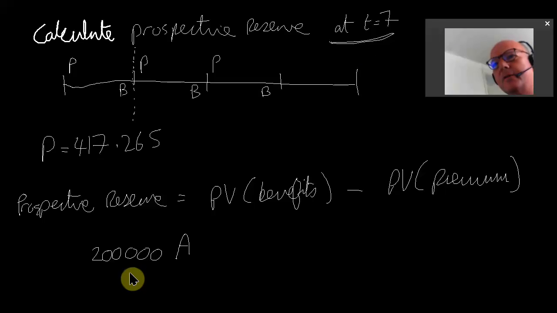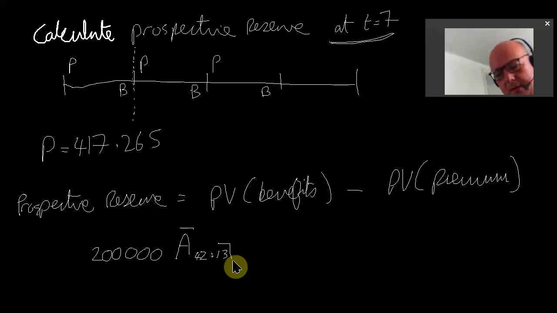So this 35-year-old is now 42 years old, but there's only 13 years left on the policy. So it's still payable immediately on death, but it's now 42, 13. So that is the value of the benefits that are to be paid out.